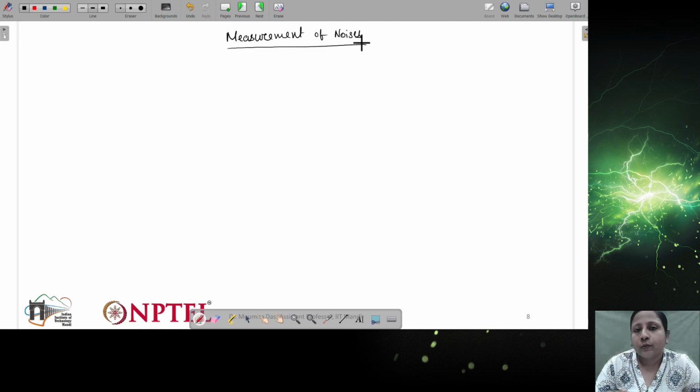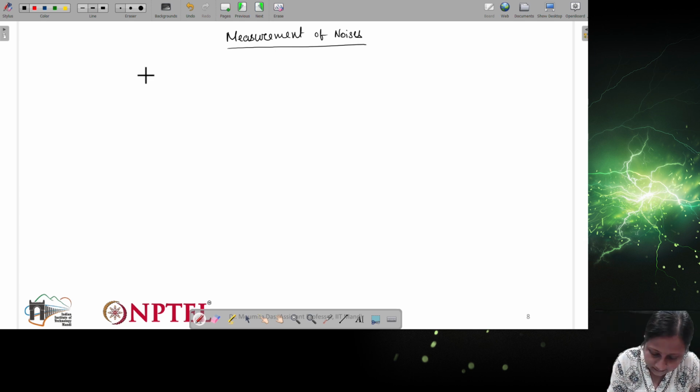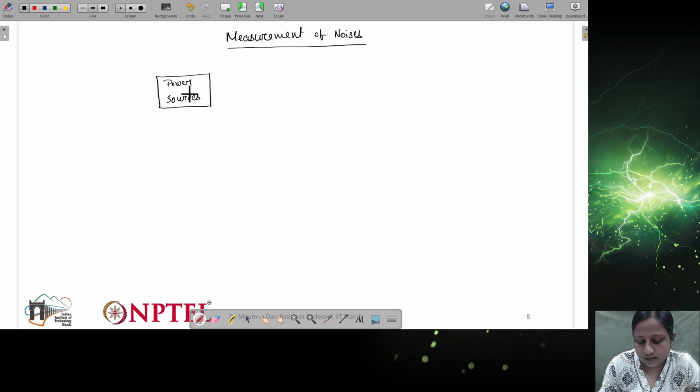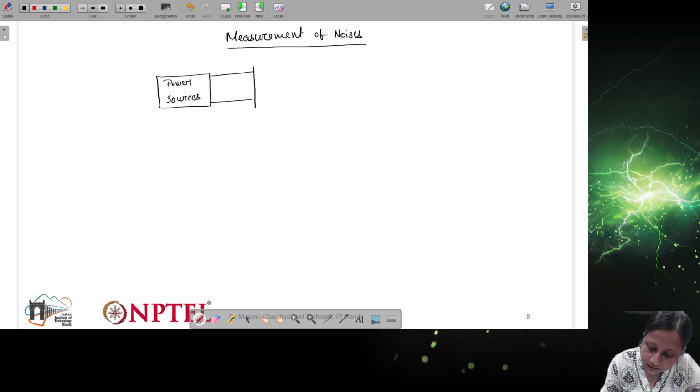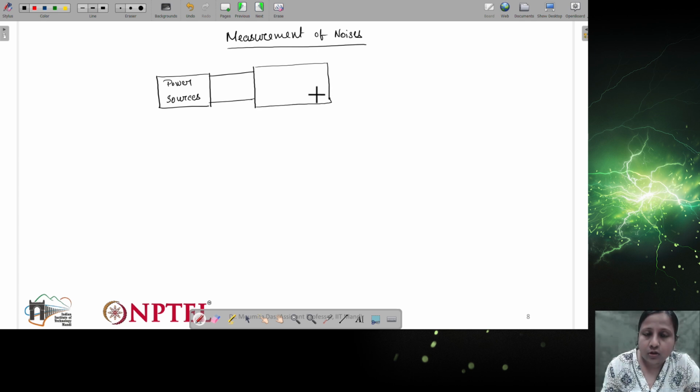Right. When I say measurement of the noises, how do we do it? Till now you have seen the power source connected to the converter. In between the power source and converter, there will be one network connected to measure these different noises.